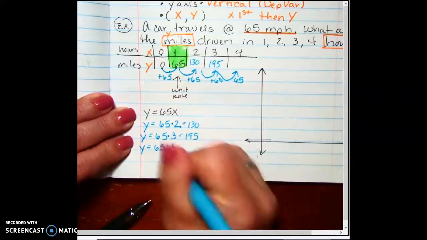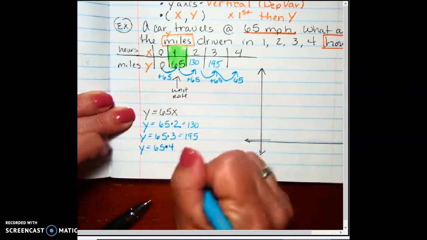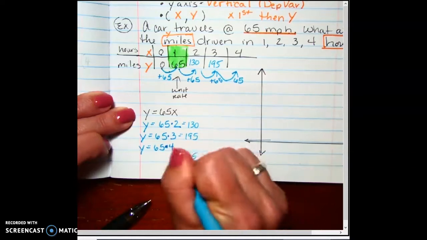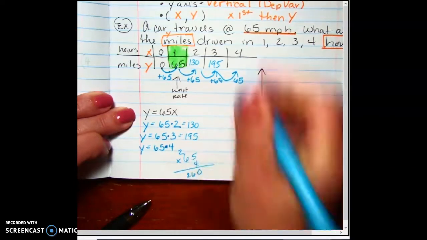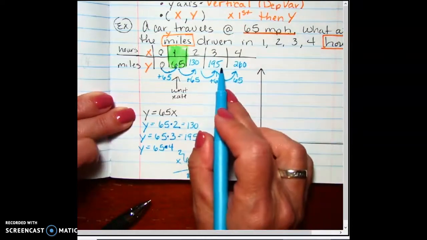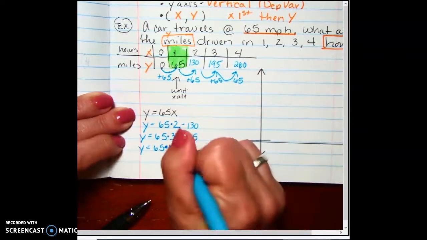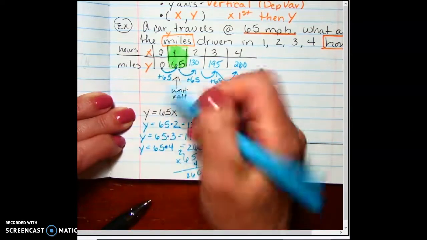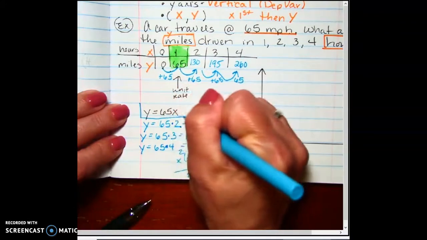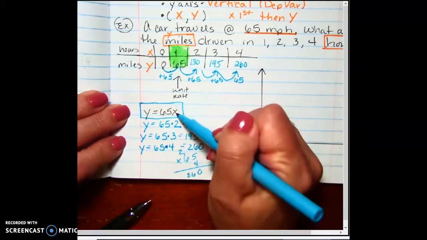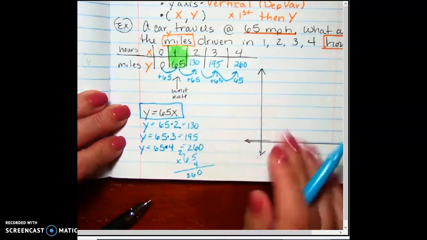We'll even do this over to the side here. 65 times 4 equals 260. Well, if you take 65 and add it to 195, it equals 260. So the relationship is to multiply x by the unit rate of 65.